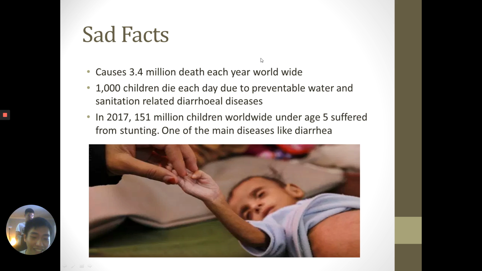In 2017, 151 million children worldwide under age 5 suffered from stunting, one of the main diseases like diarrhea. And this is a huge deal because 151 million children can essentially mean a lot of population in the long run. So it is a huge deal.